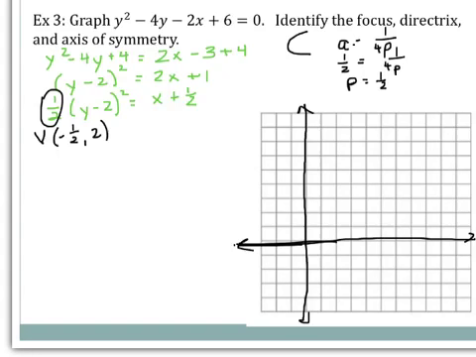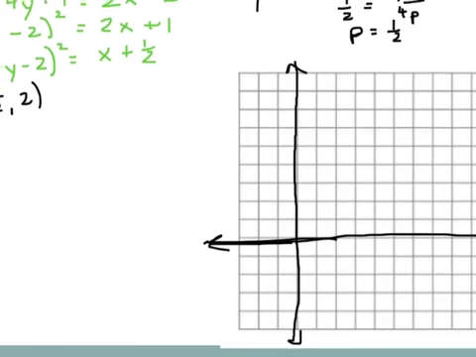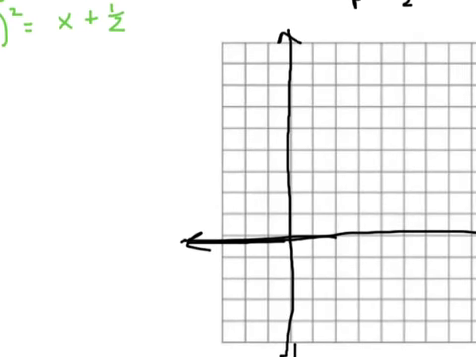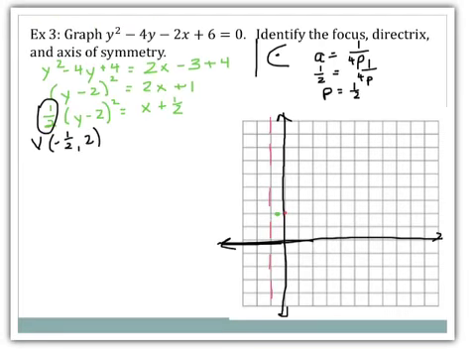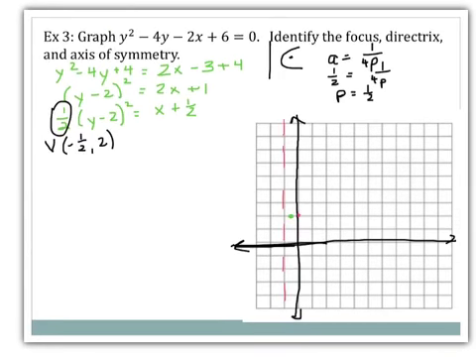But this time we're opening left and right, so my focus is here, right there. My directrix is there. So let's put our vertex on, and I'm going to zoom in just a little bit. So -1/2, +2, right there. And so since my p is 1/2, I'm going to go in right there. My directrix is going to be on the other side. Let's start filling in our information.